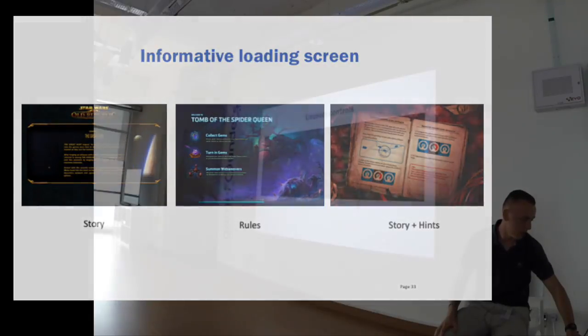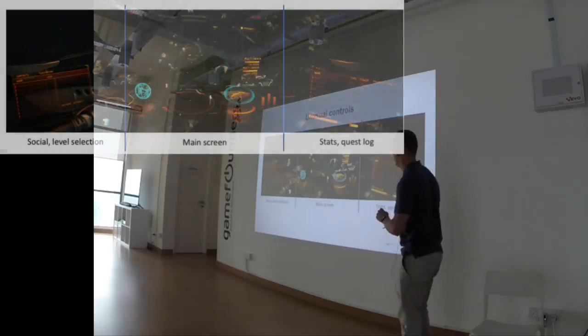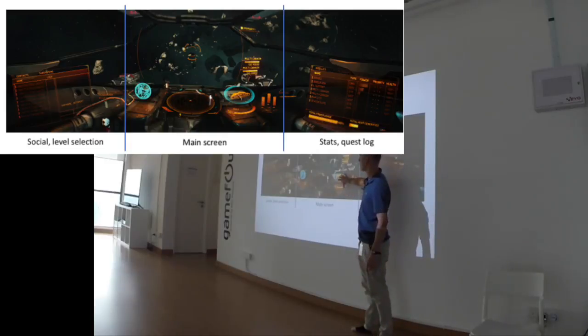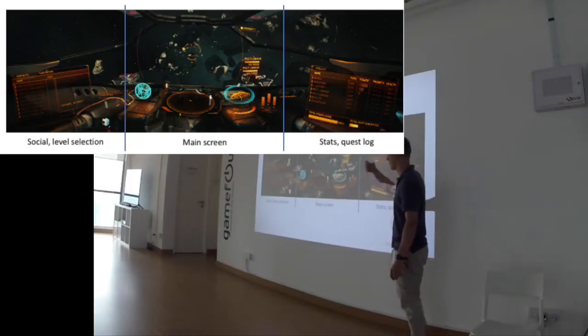What else can be interesting? Unusual controls. This is the game called Elite Dangerous. And this actually is a pretty cool game in terms of UI. Because this is your main screen. And this is the part where you can find some new environment that you want to visit or interact with other players or other characters.